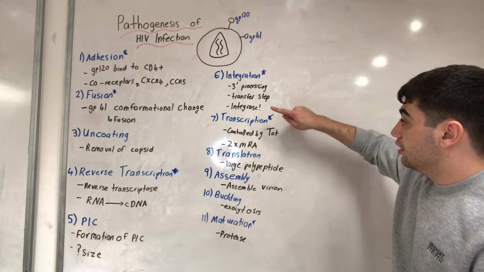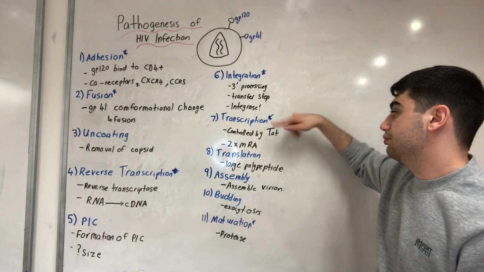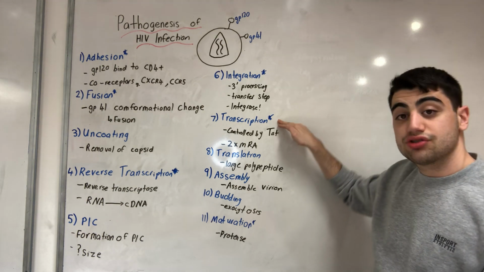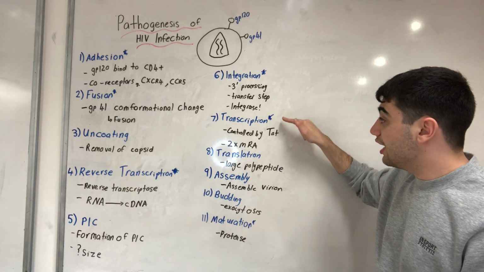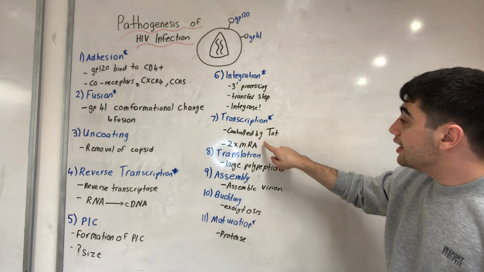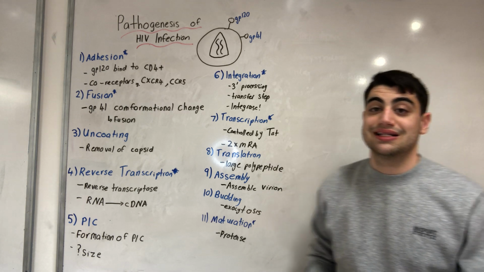All right, once we've integrated, what happens is just like our normal cell cycle. Back to the normal central dogma of biology. We then transcribe an mRNA strand, okay? And then from that transcription, we translate a protein. Now, one thing I want to mention is that transcription is controlled by a protein named TAT.